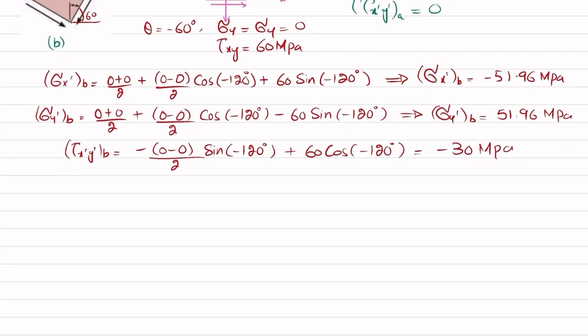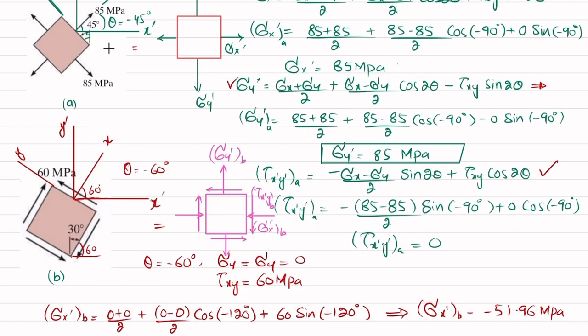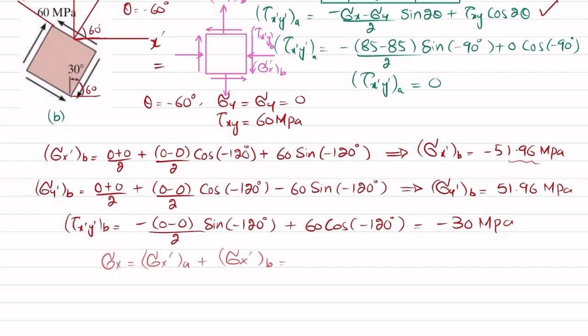You can see that this sigma x will be equal to sigma x dash for case A plus sigma x dash for case B. For A it is equal to 85 megapascal, and for B it is minus 51.96. So 85 minus 51.96 will be equal to 33 megapascal.